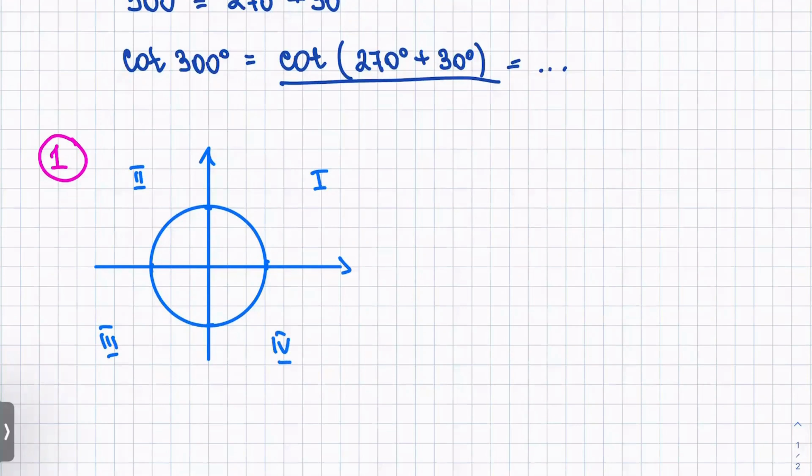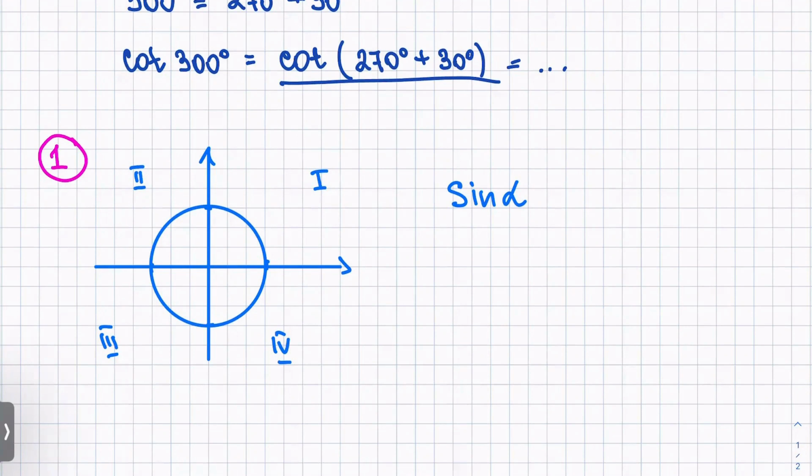Let's, for instance, start with the sine function. I'll write here sine alpha. The sign of the sine function is associated with the y-axis. We look at the quadrant, and if the y value in this quadrant is positive, then the sine function has a positive value.